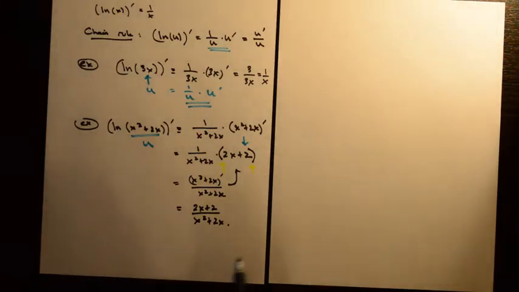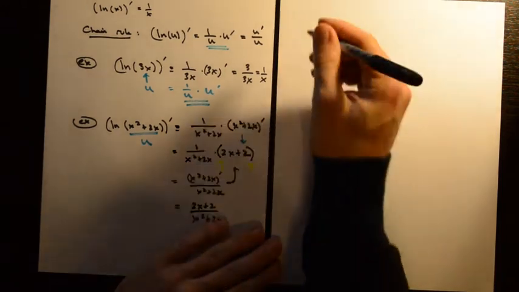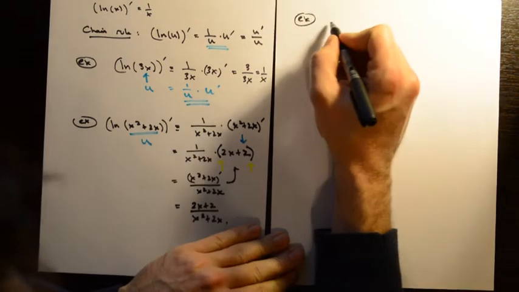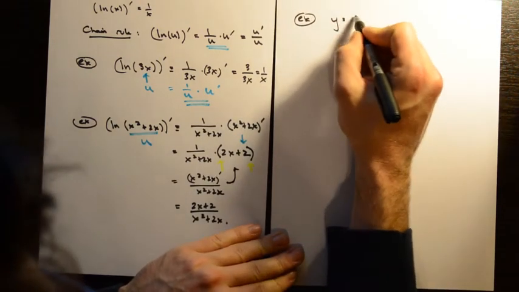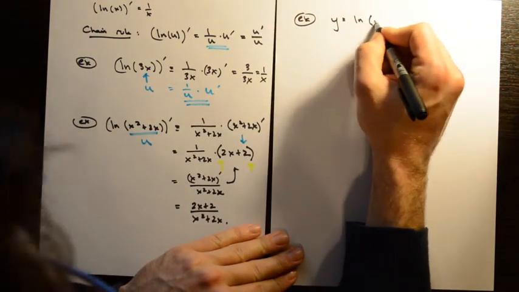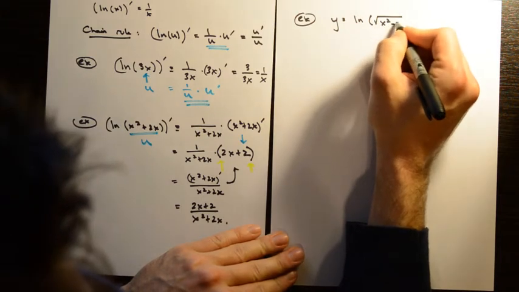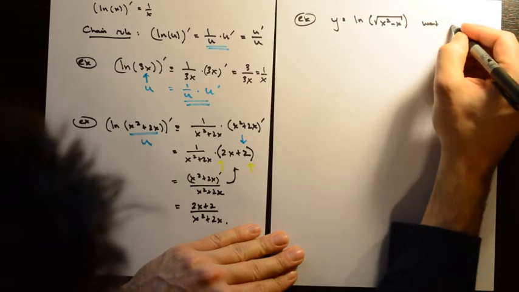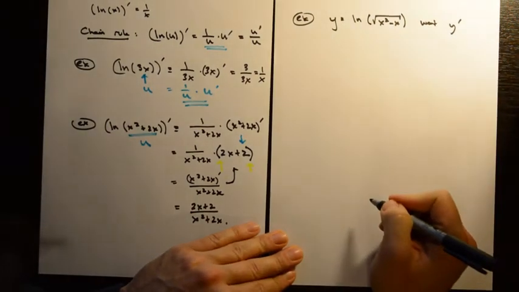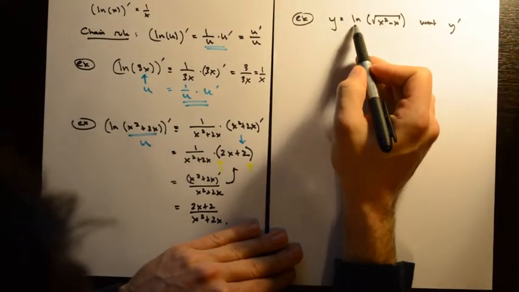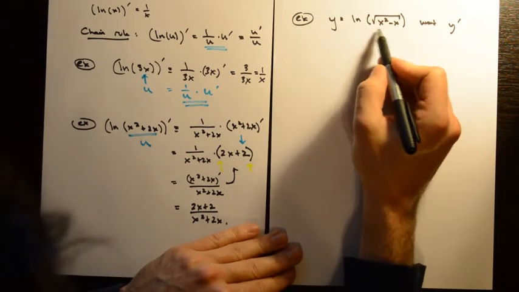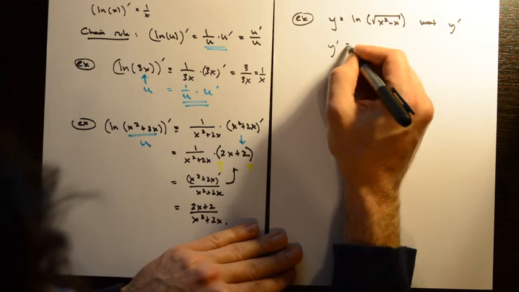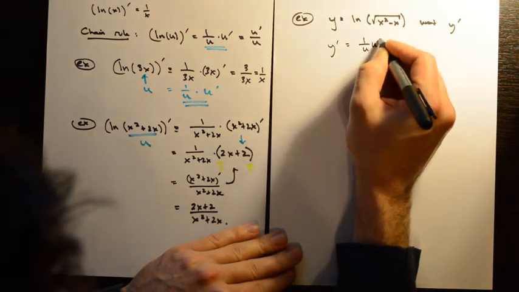Let's deal with a more complicated example that would be appropriate for a homework or quiz level problem in a university calculus class. y equals the natural log of the square root of x squared minus x, and we want to find y prime. So in this problem, we have not only the derivative of logarithm, but we also have to contend with a chain rule as part of the derivative. y prime is 1 over u times u prime.